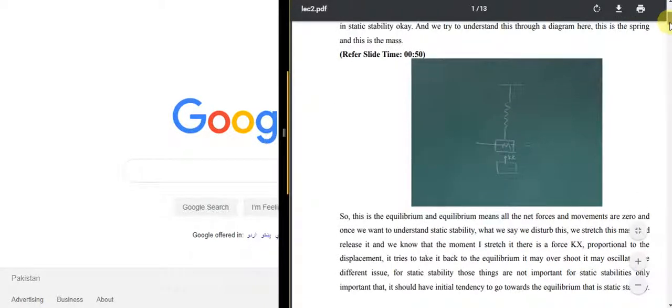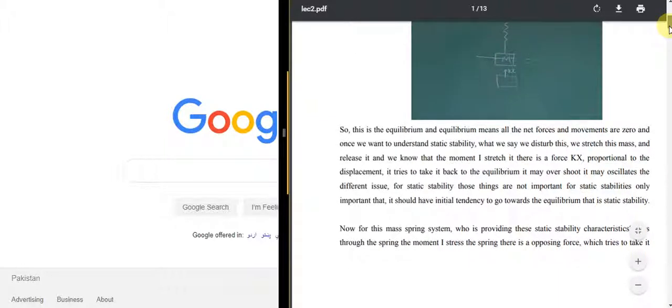So this is the equilibrium, and equilibrium means all the net forces and moments are zero. And once we want to understand static stability, we disturb this, we stretch this mass and release it.